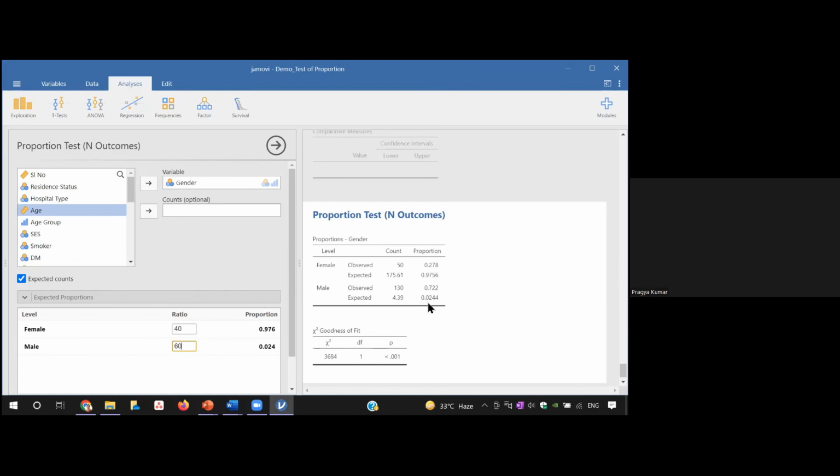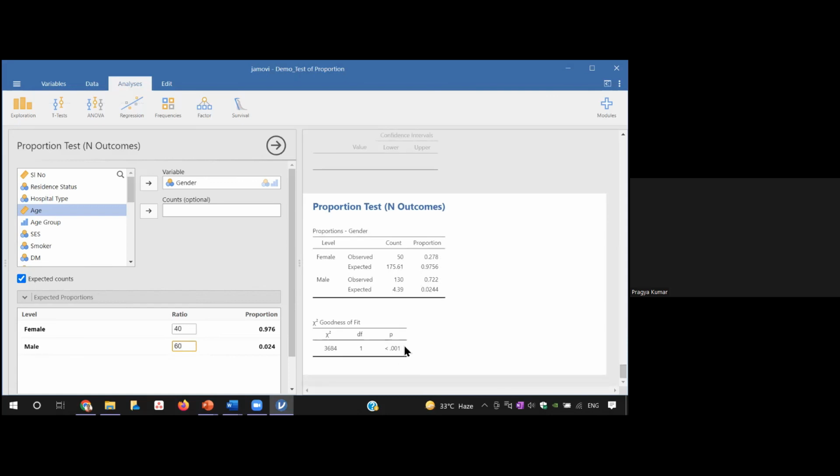And for the expected counts, you can see it is 175 and 4.39, and this is 27.8% female, and this is 72.2%. And this was significant.